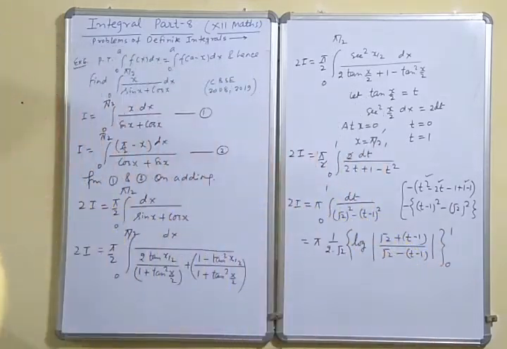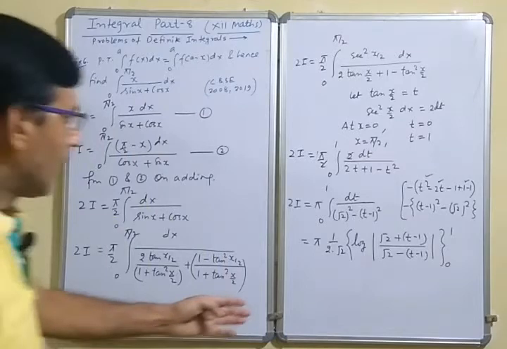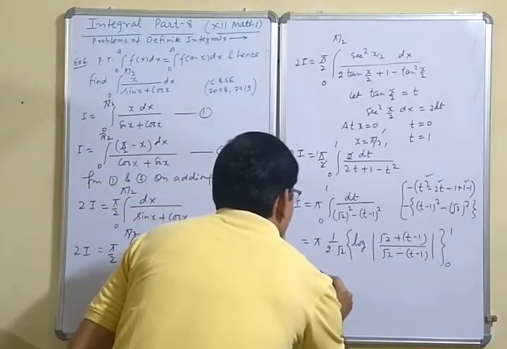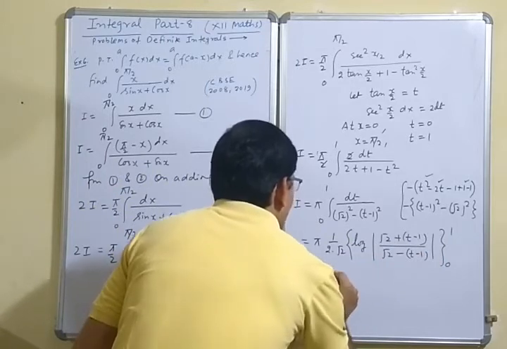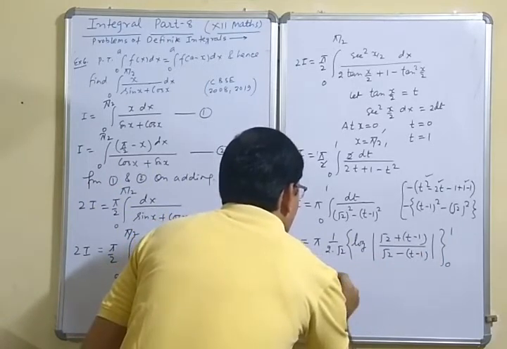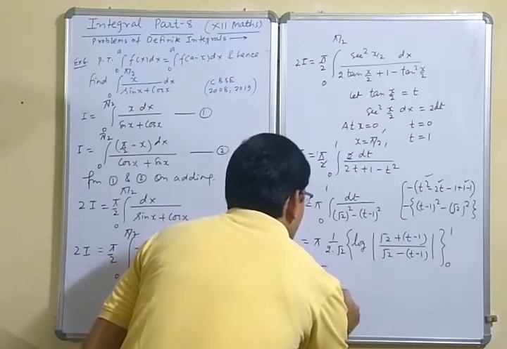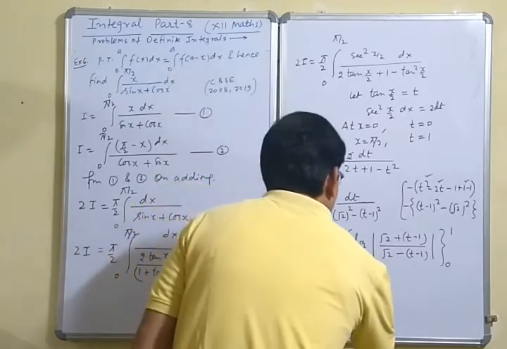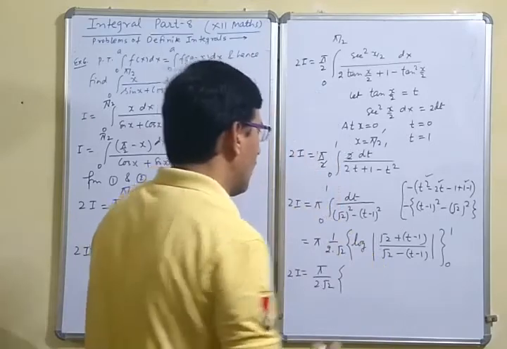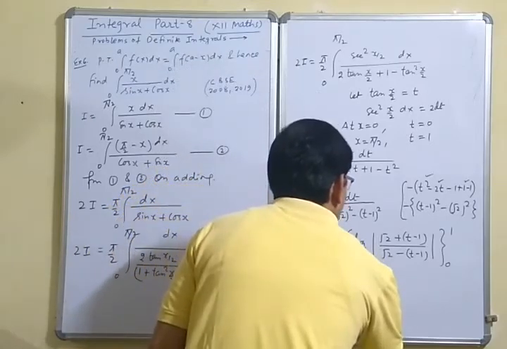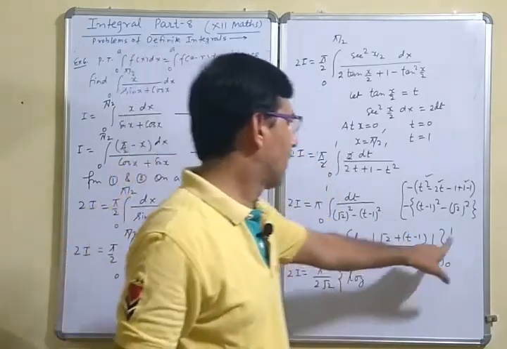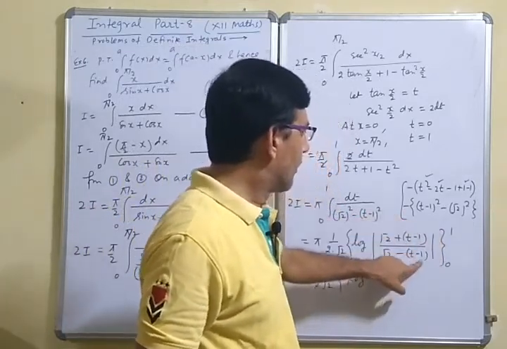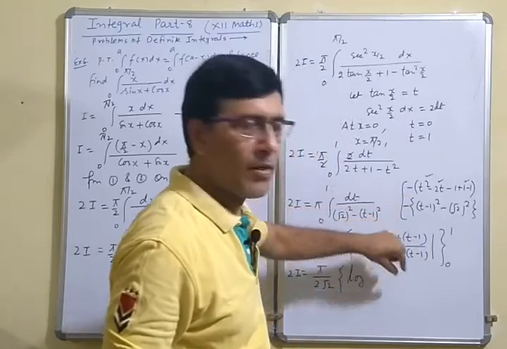It becomes pi by 2 root 2 log. At the upper limit, 1 minus 1 is 0, so this becomes root 2 upon root 2, that is 1.